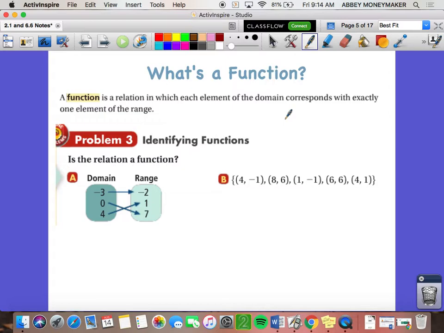Now, if you're me, you're like, what did you just say? You're like, I can't decipher what that just told me. So let's break it down into easier terms for you. A function is where no x values repeat. A function is where you have no x values repeating.